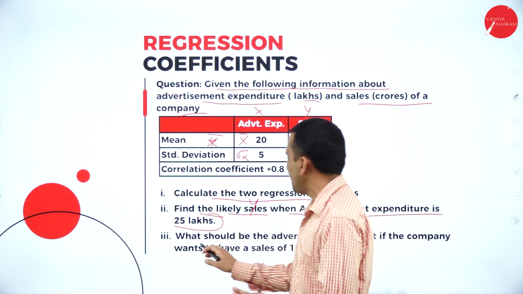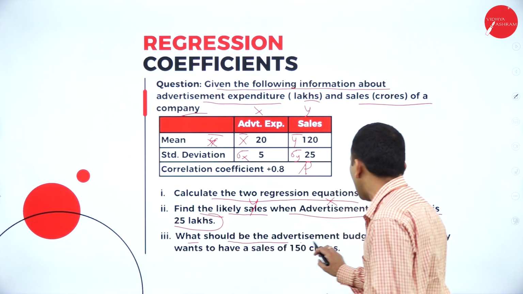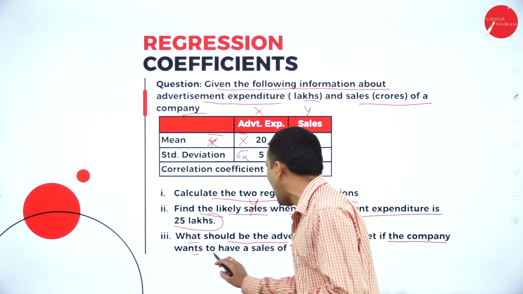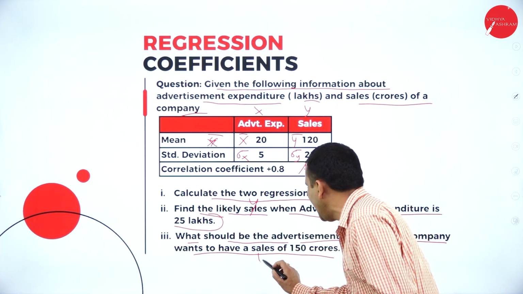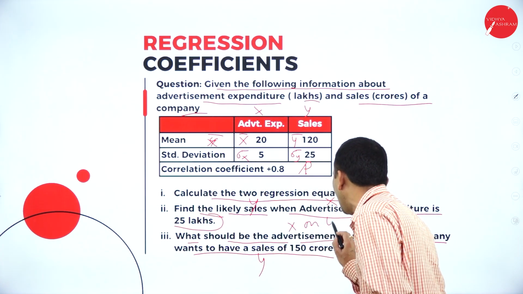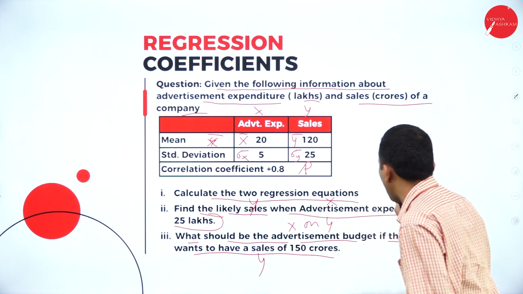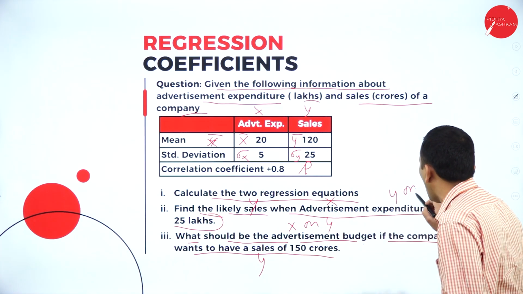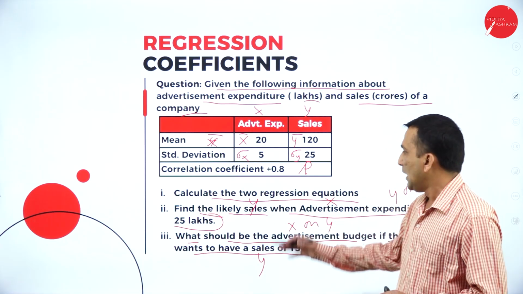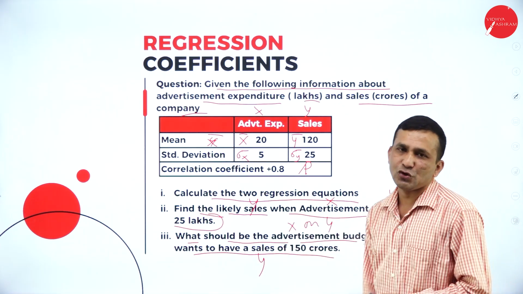Next question: what should be the advertisement budget if the company wants to have a certain sales? Now y is given, so in this case x depends on y, and in the earlier case y depends on x. First we need to find the two equations, and later we substitute the values.